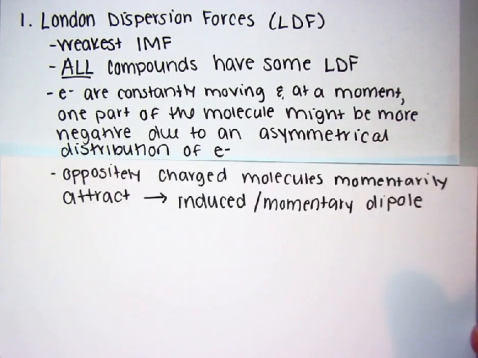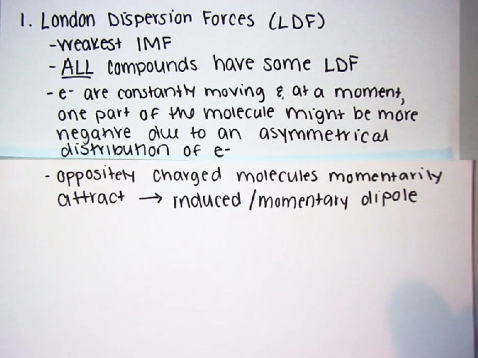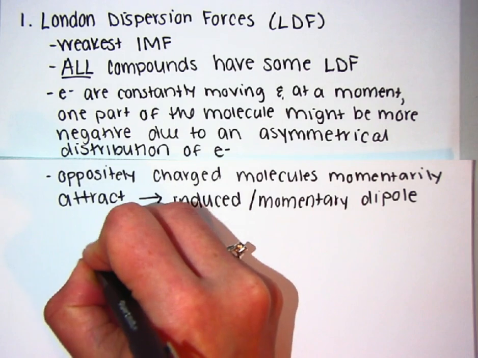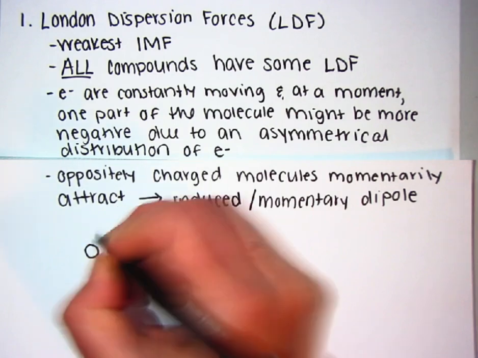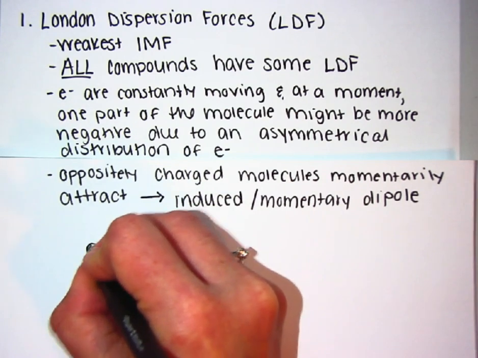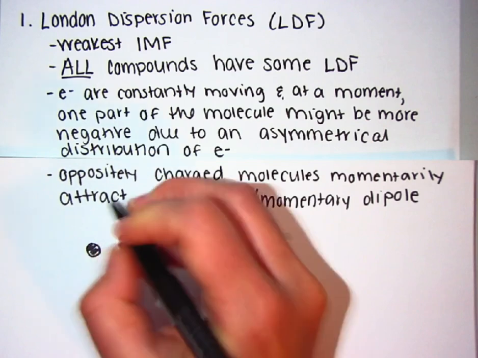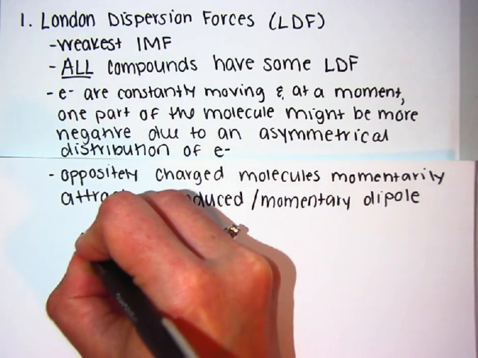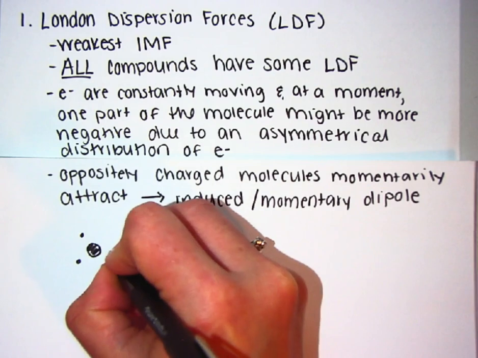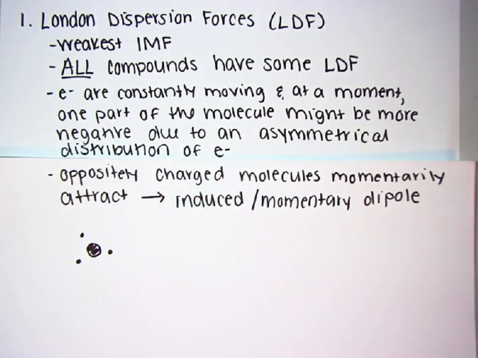So let's draw some pictures to explain what's going on. Let's say this is my nucleus. And out here in the electron cloud, I just have 3 electrons.